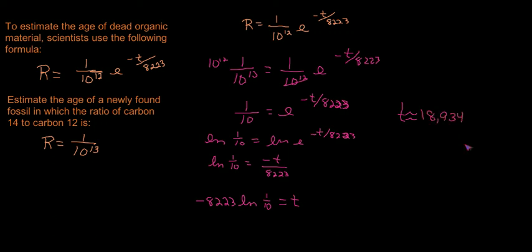And again, that would be to the nearest year. So pretty slick. Substitute one ratio, set it equal to another established ratio, and we work our way through, and we can find pretty exact how old that newly found fossil would be.